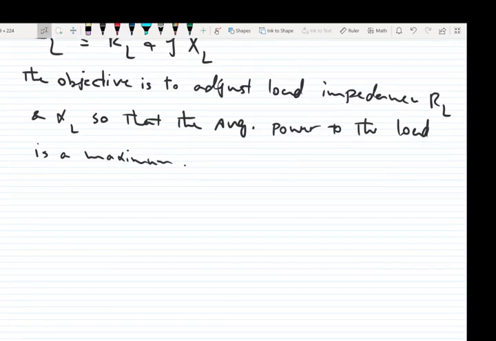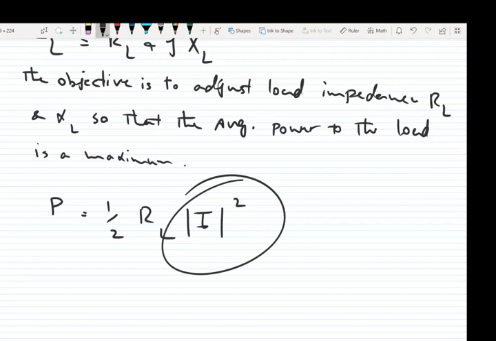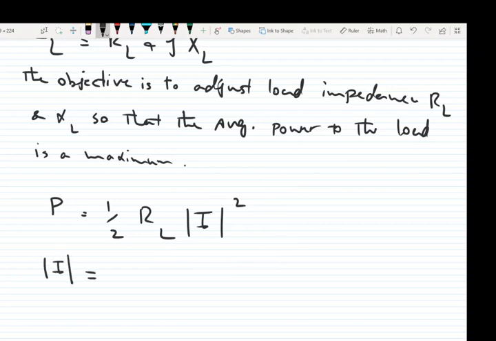We know that the average power delivered to the load, as we discussed, is equal to 1/2 of RL times the amplitude of the current squared. What is the absolute value of I?